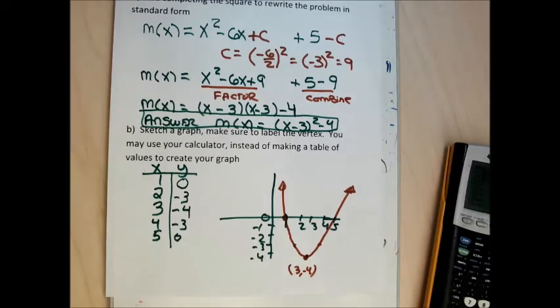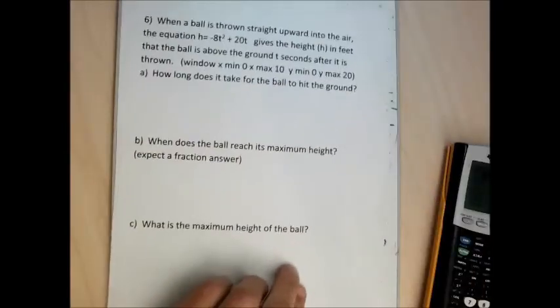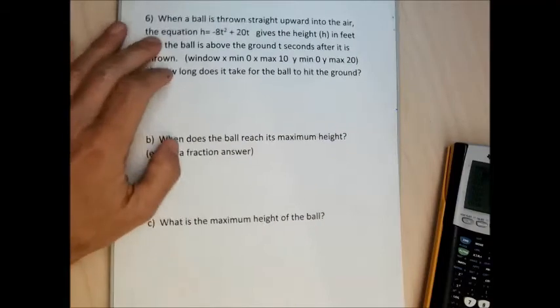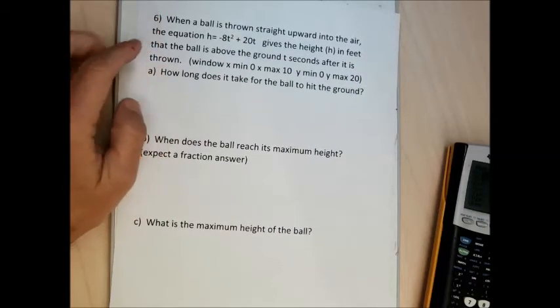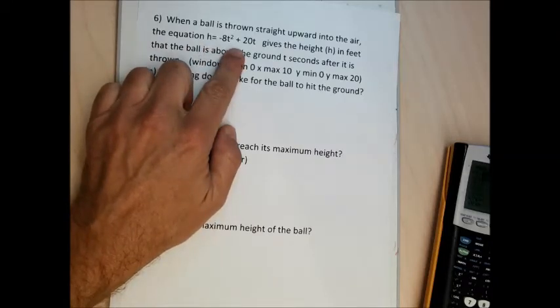Two more questions and not a lot of work to do to get the answer to those two questions. Question 6 talks about a ball being thrown straight up into the air, and it gives me an equation for its height for the few seconds that it's traveling.